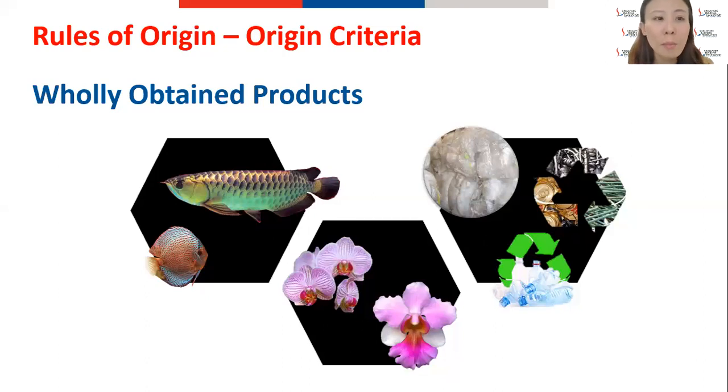In Singapore, the more common wholly obtained goods are ornamental fishes like arowana, plants like orchids, and even aquaculture food fish. Last but not least, waste and scraps that are either collected locally or byproducts from manufacturing processes fit only for recycling.